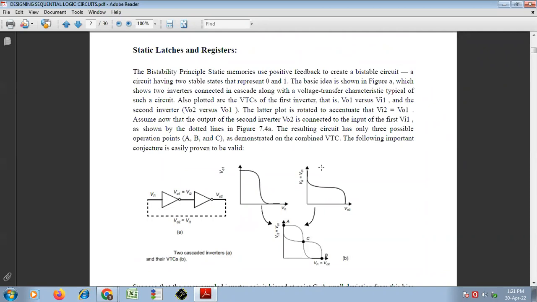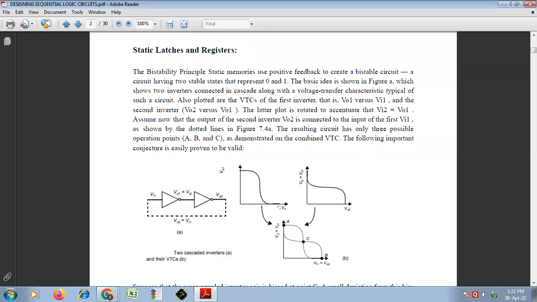So now the first part of this unit is static latches and registers. How are these static latches and registers actually designed? Assume two cascaded inverters. Now all of you know the working of an inverter. So assume these two inverters connected back to back.